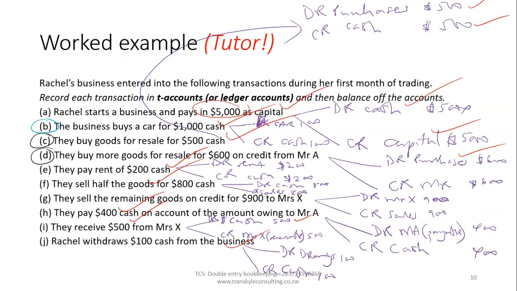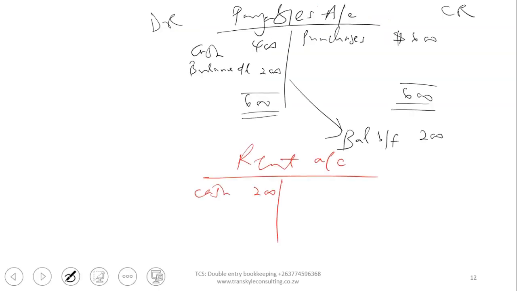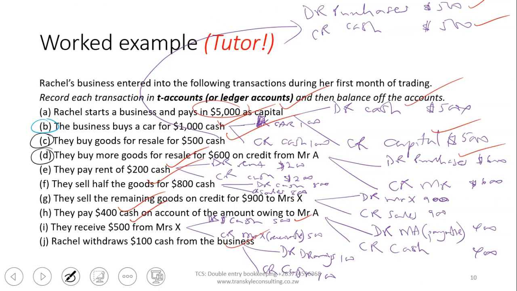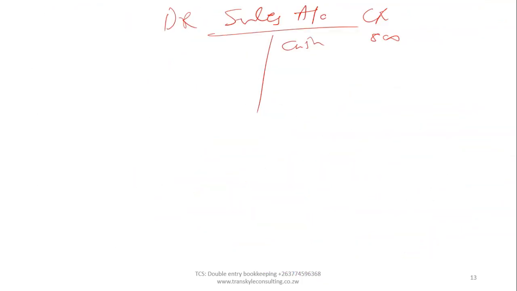So let's see, they sell half of the goods for cash, $800. So let us credit this account with cash 800. But they also sold the remaining on credit for $900 to Miss X. So 900. There is a receivable there.